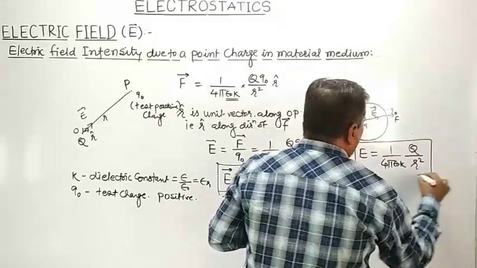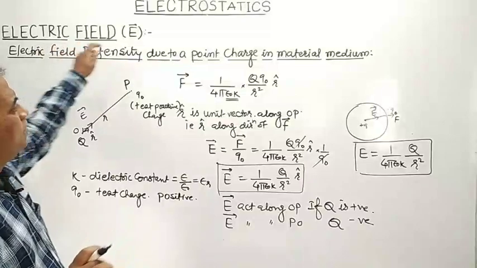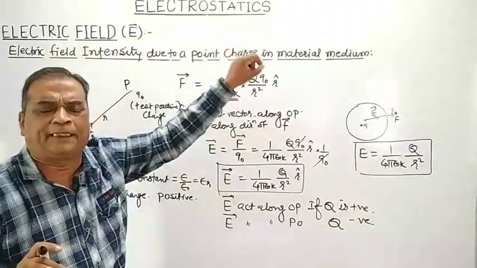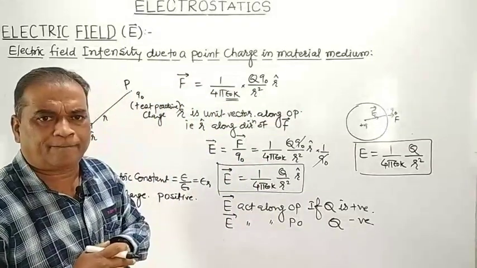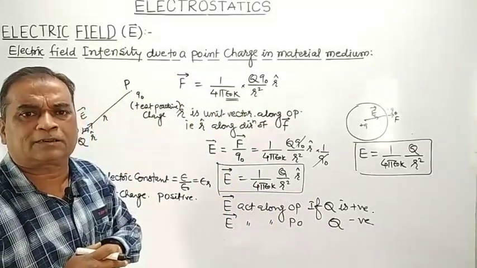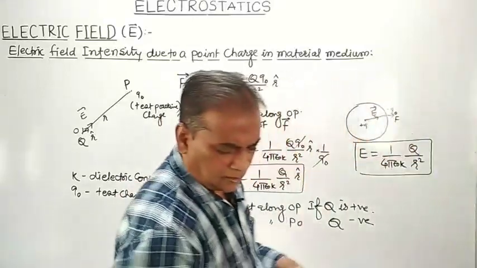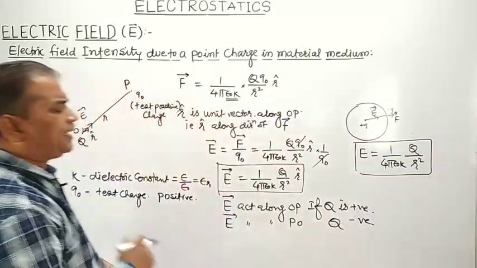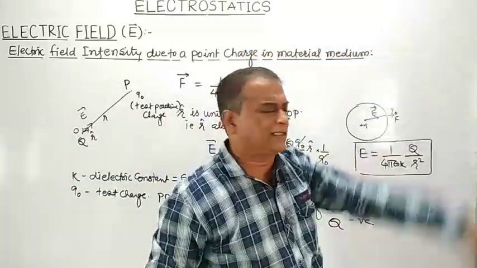So this gives you the magnitude of electric field due to a point charge kept in a material medium of dielectric constant K.